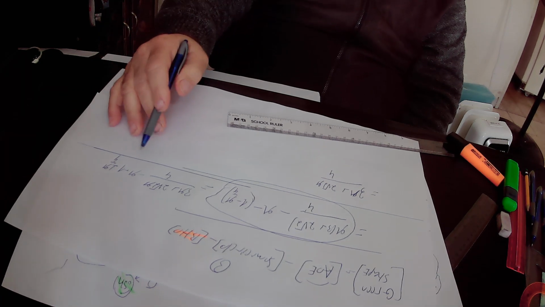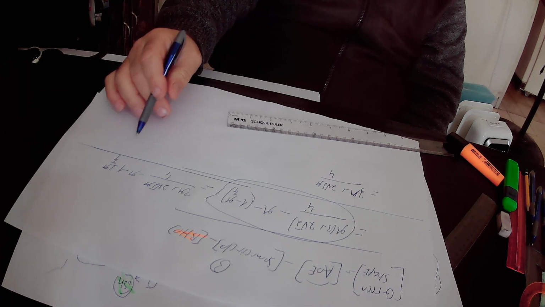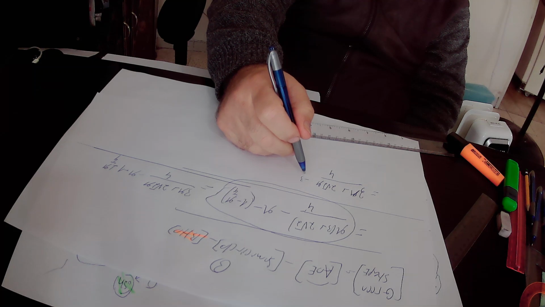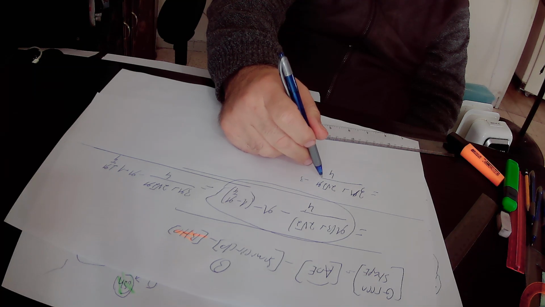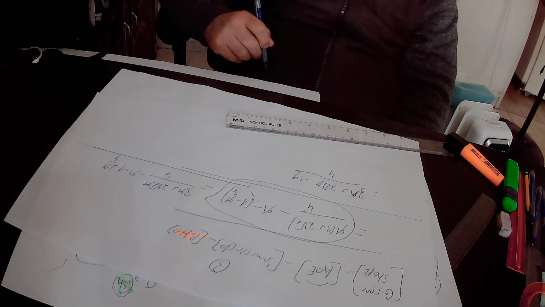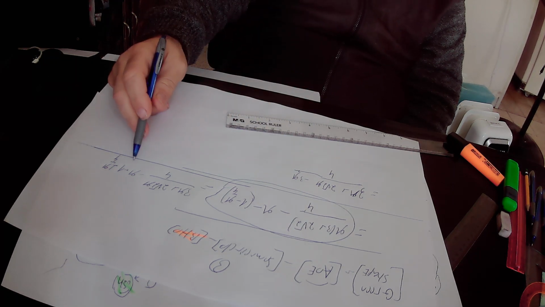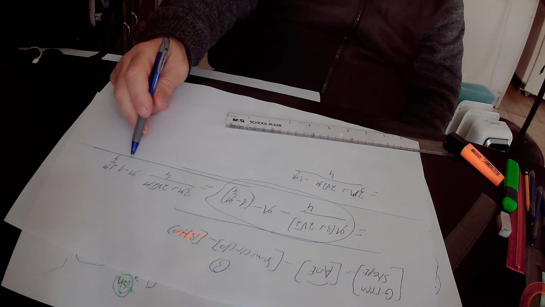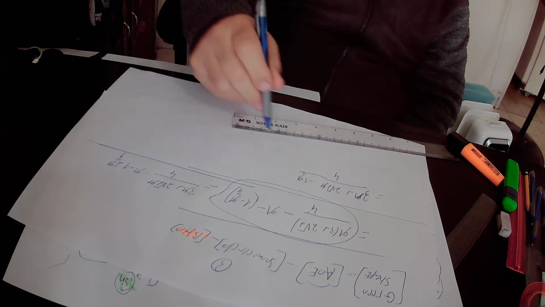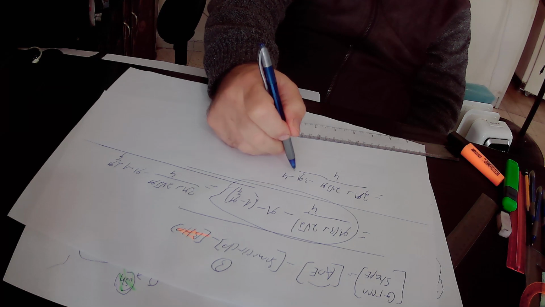And here we have minus pi plus pi over 4 is minus 3 quarters pi. Minus 1. Here we multiply minus 1 by 4 and then we divide it by 4 in order to overcome the factor with the other two expressions. So minus 1 times 4 is minus 4 divided by 4.